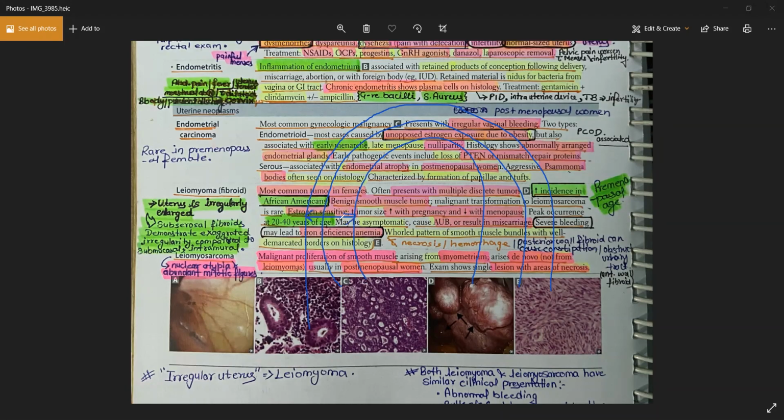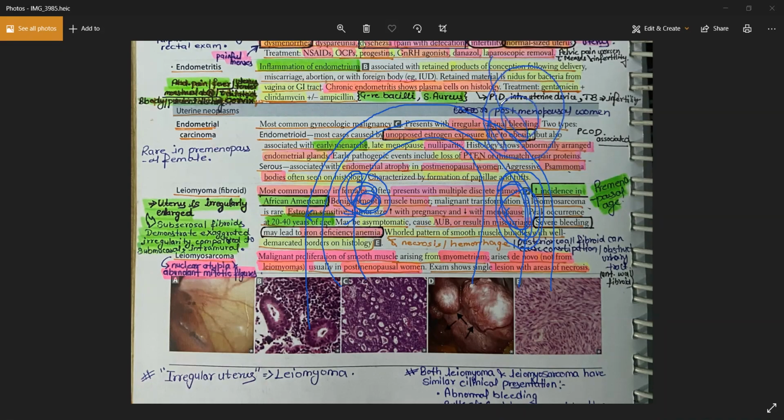Now this tumor can arise just below the endometrium. You will call it a subepithelial type. Like that, you will have this kind of tumor. This tumor can arise within the muscle completely. You will call it an intramural type. And this tumor can also arise just below the serosa. You will call it a subserosal.